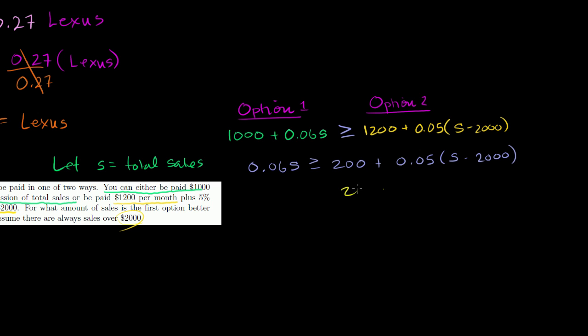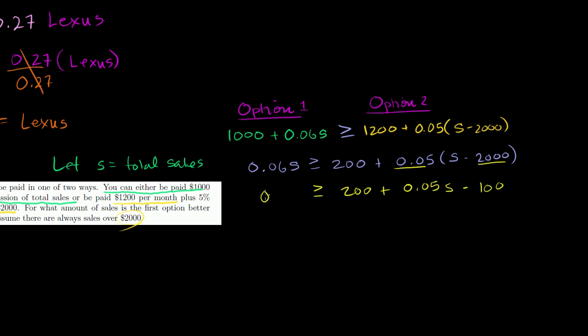This is 200 plus 0.05s minus 0.05, which is 1/20th, of 2,000. That's 100, so this is minus 100. I'm just distributing this 0.05.